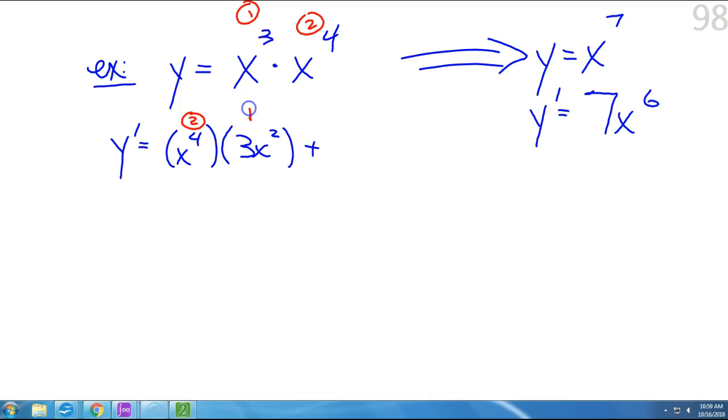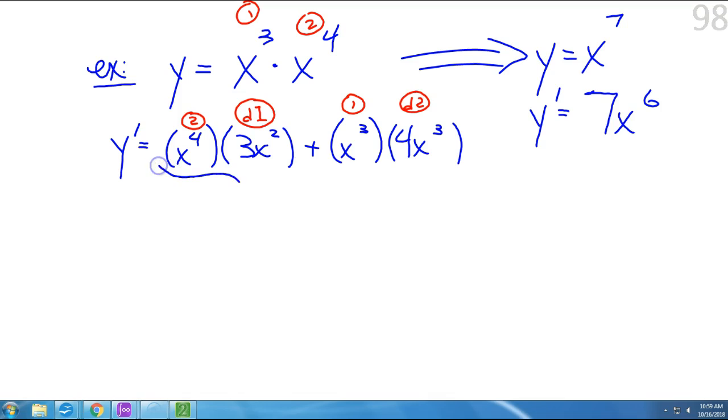So this is what I'm calling D1, derivative of the first piece. So 2D1 plus, then you flip it, plus 1D2. So you rewrite the first chunk, leave it as it is, and then we multiply that by the derivative of the second chunk. So what's the derivative of the second chunk? 4x cubed.